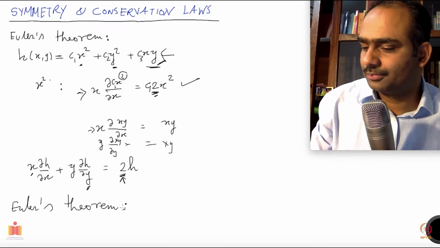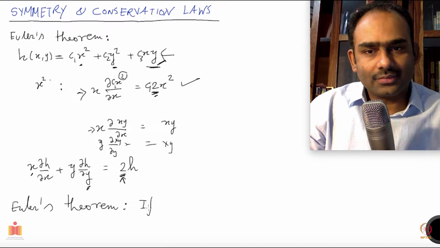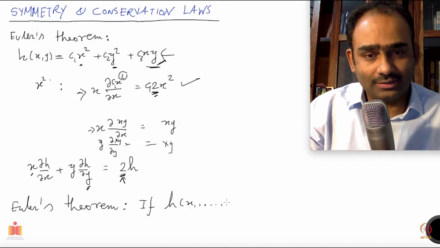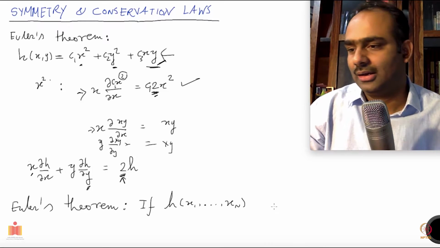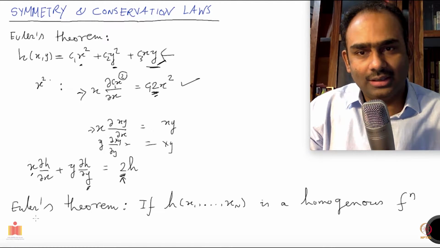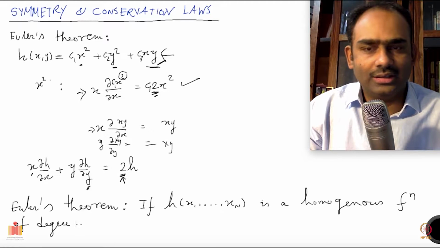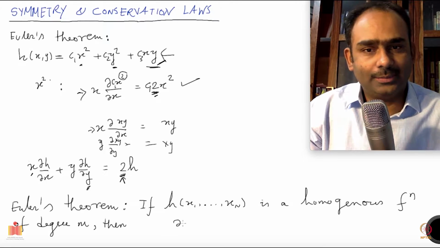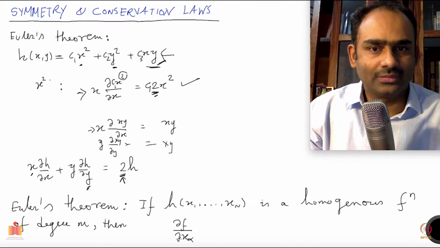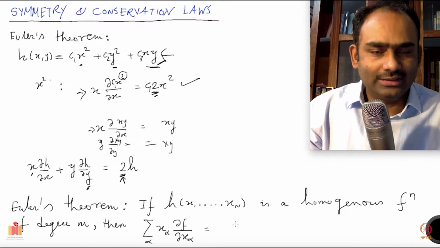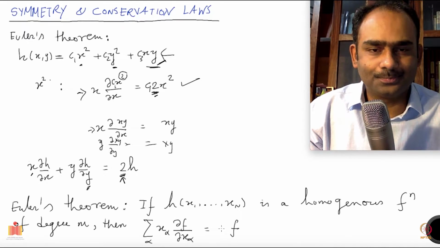So it says, if h, with, let's say, several variables x1 to xn, is a homogeneous function of degree m, then if you take the partial derivative with respect to all these variables, multiply them with the same variable again, and sum over all variables, you'll get the same function back, and the coefficient will be the degree of that function.